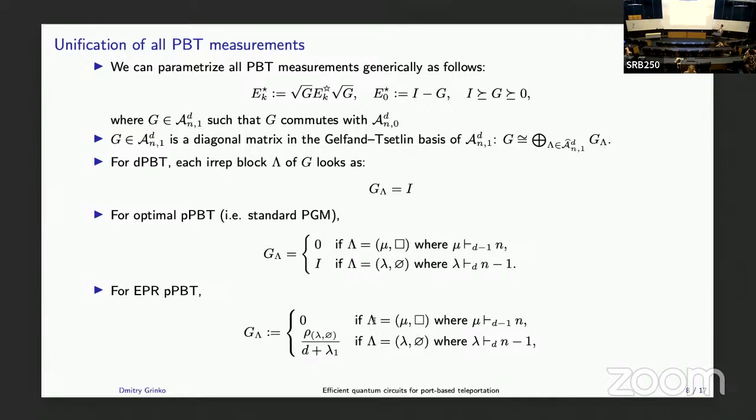Now you don't have a full identity for certain irreps, but some diagonal matrix with positive entries, which can be strictly smaller than 1. In this sense, this last measurement is the most general measurement. With our framework, we can treat all of those uniformly, and we can implement it for any measurement which has an efficiently implementable G matrix.